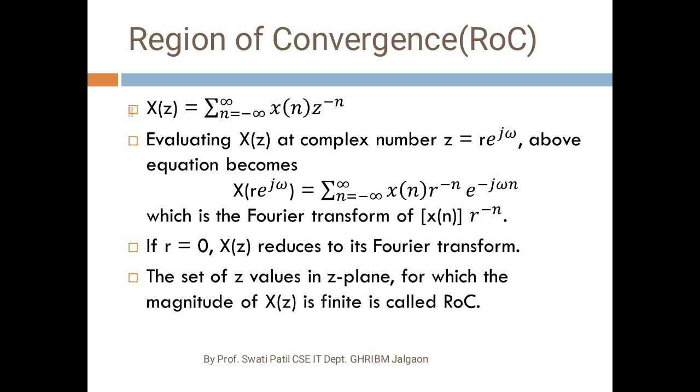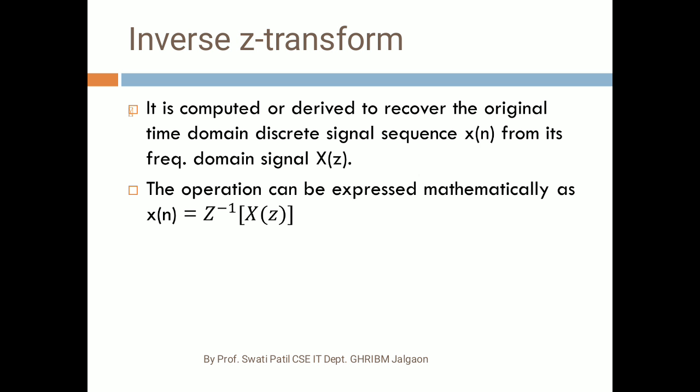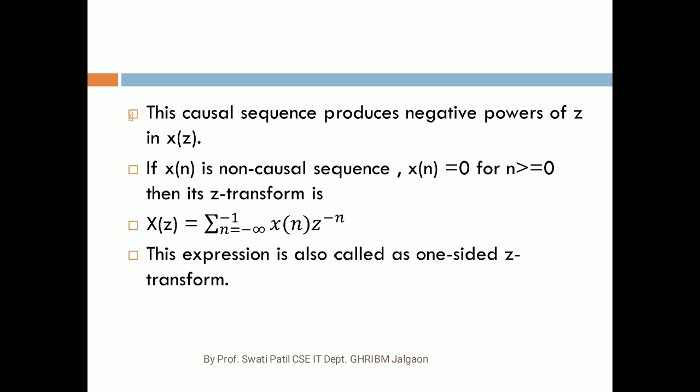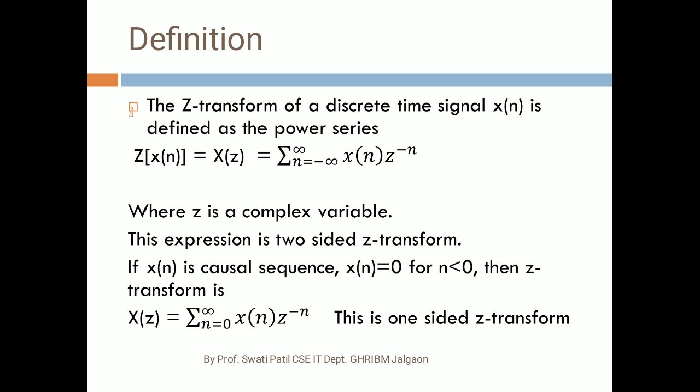Evaluating X(z) as a complex number, z is equal to r e raised to j omega. The equation becomes, we just have to put z equal to r into e raised to j omega, because in the last video when we discussed the definition of Z transform, we have already seen that z is a complex variable.